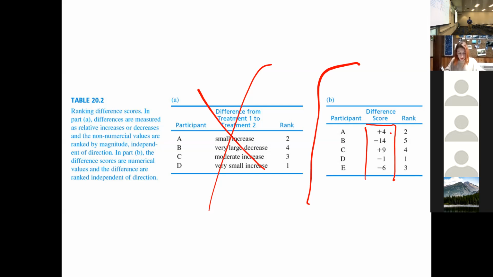For participant 2, their time 2 score was 14 points lower, etc. And then we rank order them as a function of distance from 0. Again, we're looking at the absolute value, not the sign. So -1 is only 1 from 0, gets 1. 4 is 4 from 0, gets 2. -6 is 6 from 0, gets 3. 9 is 9 from 0, gets 4. And 14 is 14 from 0, gets 5.